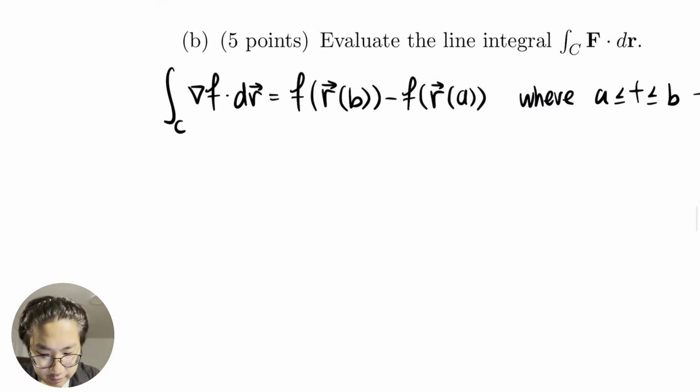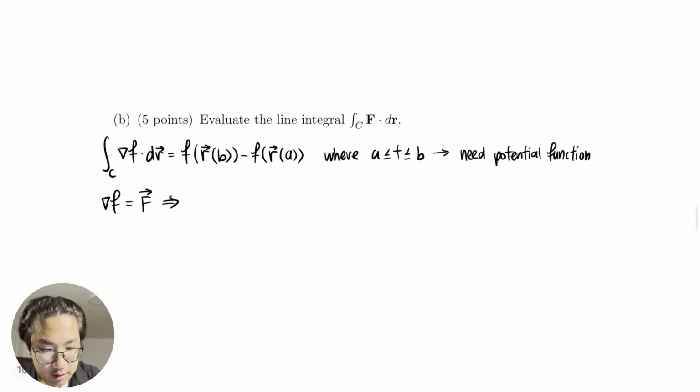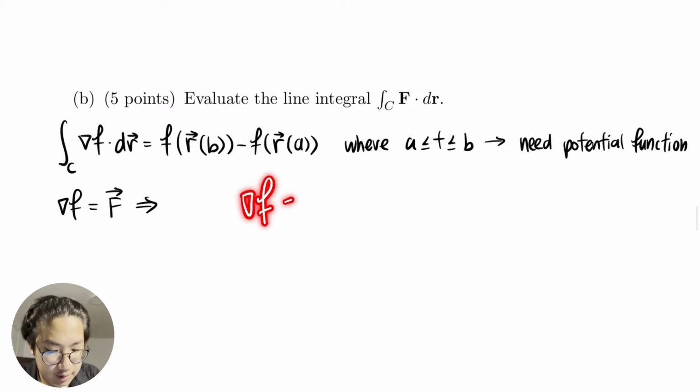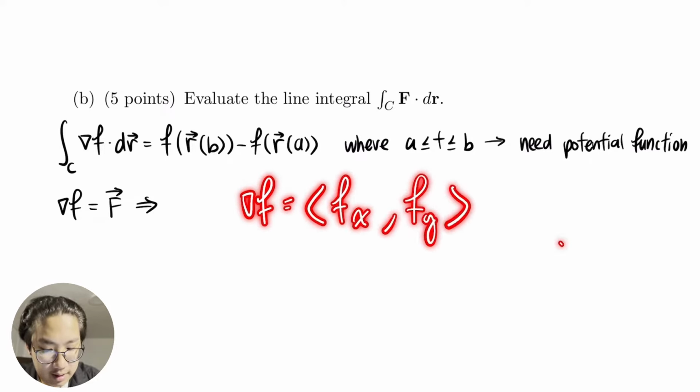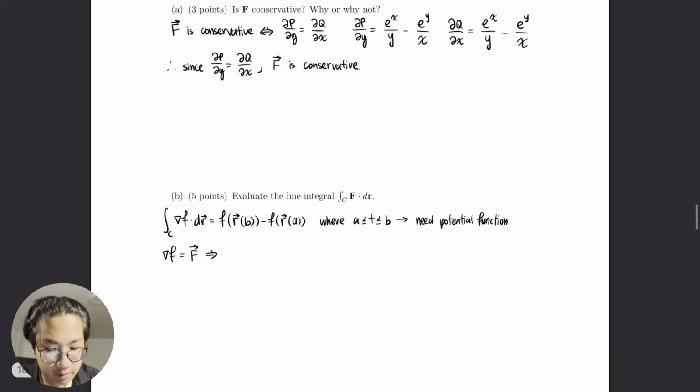So let's write out the equality: the gradient of f is equal to vector F. Our entire approach is predicated on this. This implies the following. Remember that the gradient of f is just f sub x comma f sub y, and we know what F is equal to, it's the function up over here.